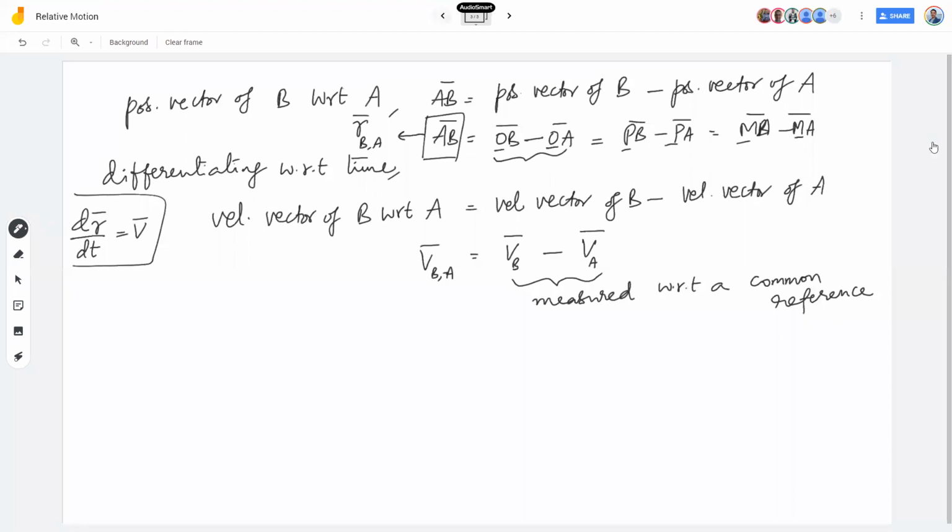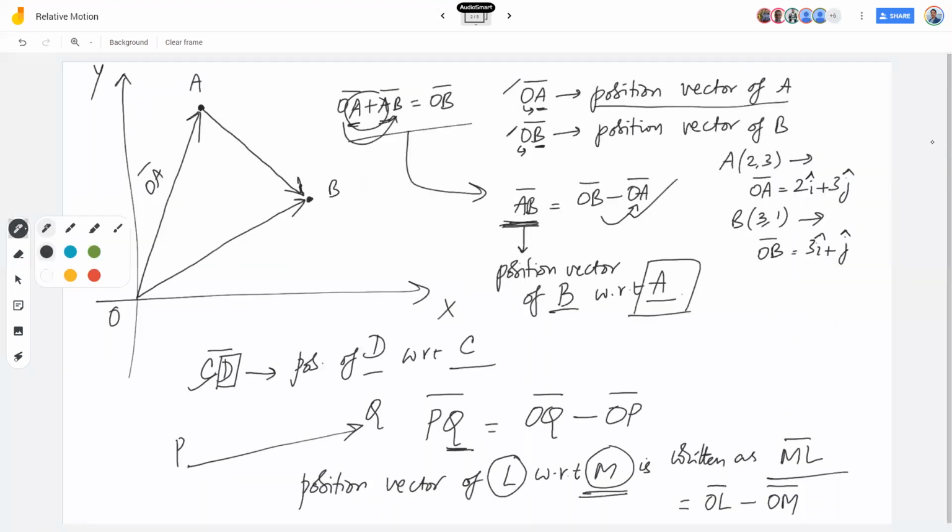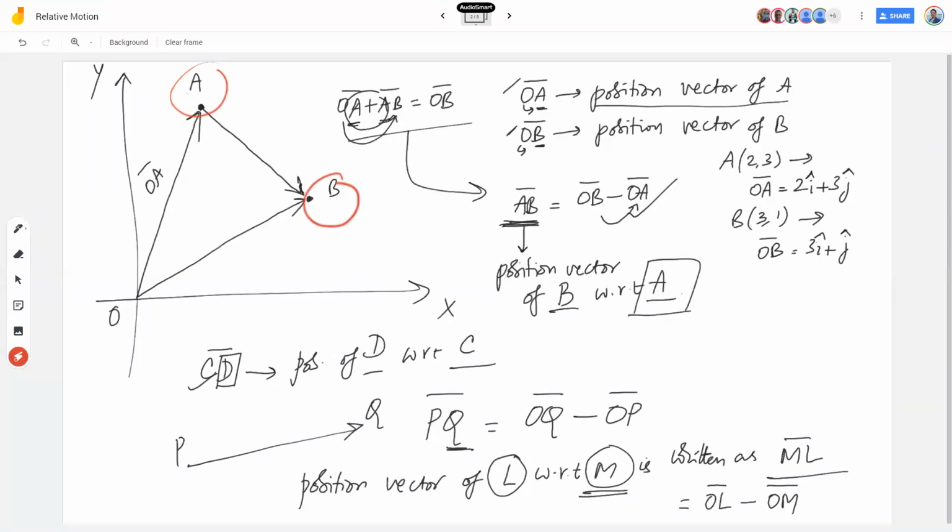Understood or not? What I'm saying is, if this is point A and this is point B, and this is some reference, OA bar, and this is OB bar. What if there is actually a point P here, some random point P? Then PA bar is this, and PB bar is this.